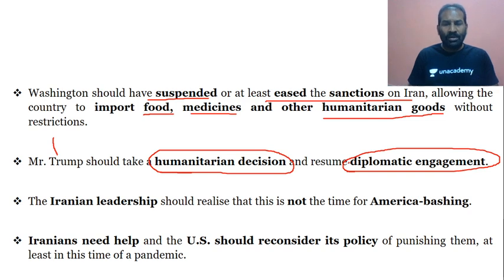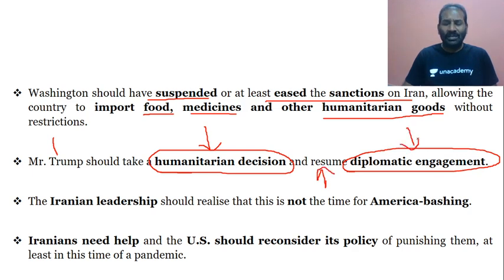Because Donald Trump pulled out of Iran's nuclear deal unilaterally, Mr. Trump, the US president, has a chance at this moment, a probability, that he should take up this humanitarian crisis situation or humanitarian decision to resume, to again start the diplomatic engagement.